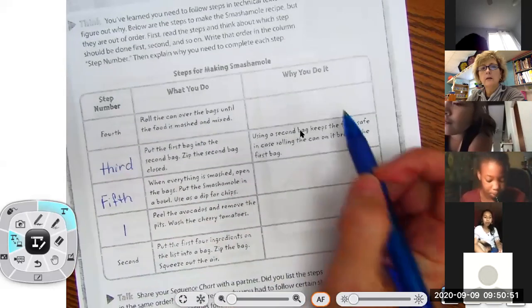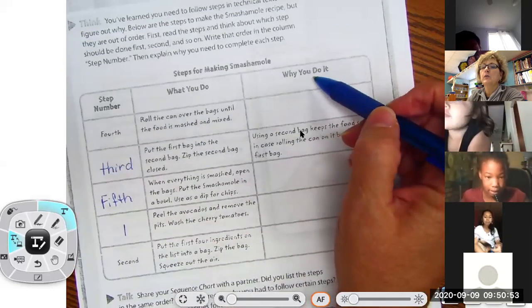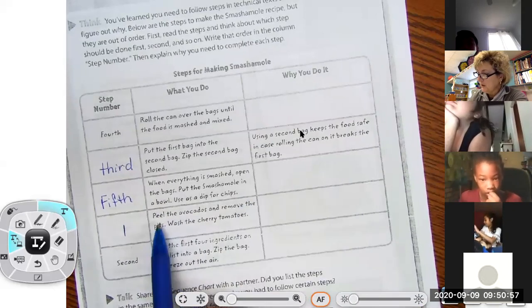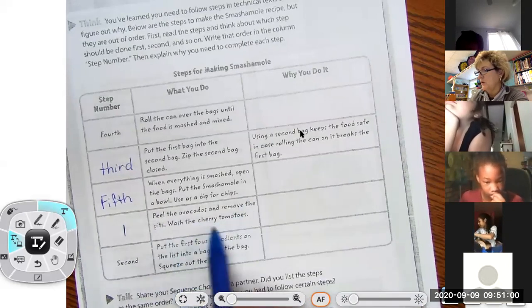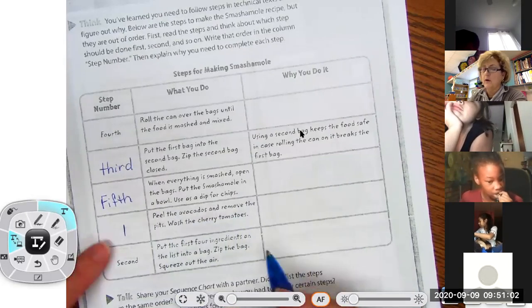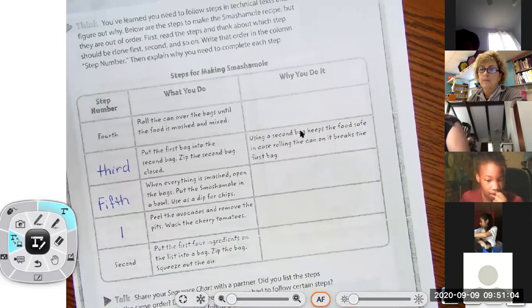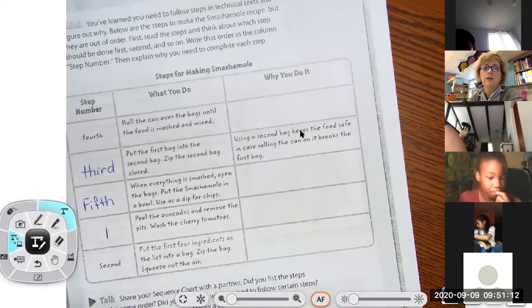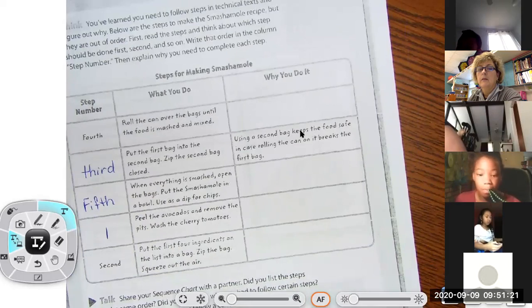Yes. So over here, it wants us to tell why you do it. Why do you do the step that you do? Why did you peel the avocado and remove the pits and wash the cherries first? Why did you do that first? In your recipe, why would you do that first? Why would you peel the avocado and remove the pits and wash the cherry tomatoes? Because if you don't, there's bacteria on it. Okay.